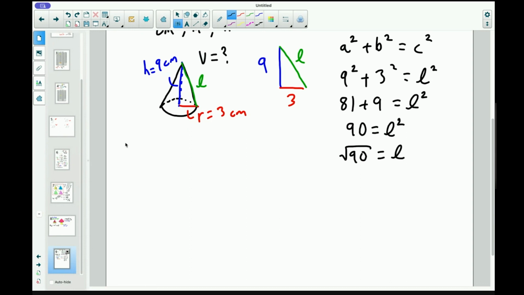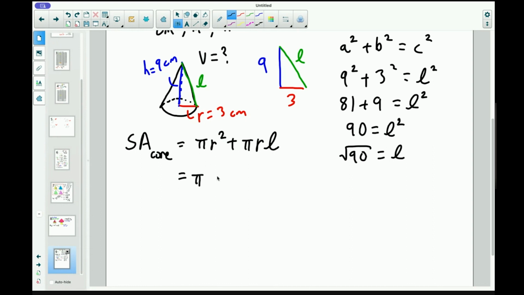And we're going to rewrite our formula for a cone, or not the volume, we're looking at the surface area. Surface area of a cone is equal to pi r squared plus pi r L. Okay. From here, let's substitute our values.